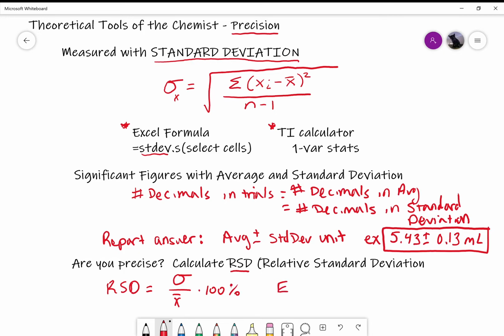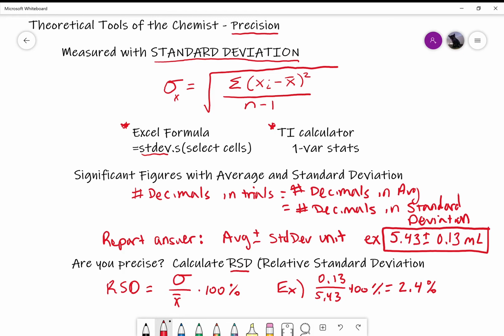So in this example, my standard deviation was 0.13, my average was 5.43, and I'm going to multiply by 100%. When I do that, I end up getting 2.4, making sure I only have 2 sig figs because of my standard deviation, 2.4%.